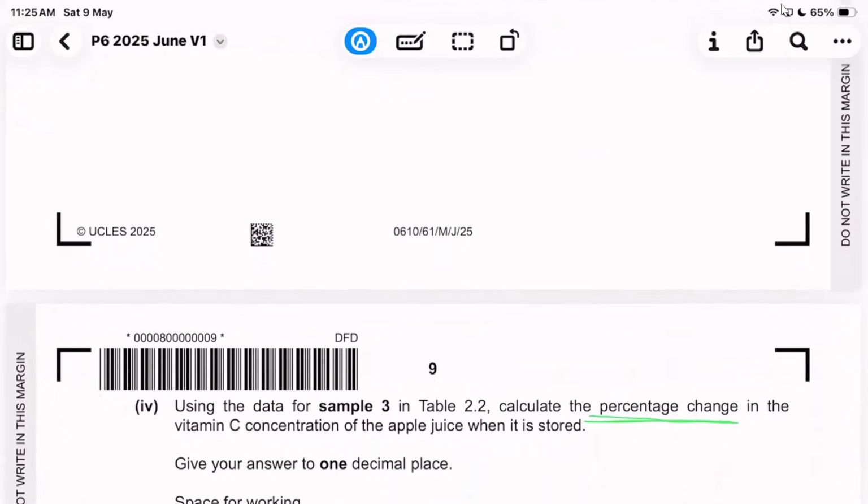Percentage change may be positive or negative. Maybe the change increases, so the final is more than the initial, or maybe it decreases, so it was more and becomes less. So when they say change, we have to put the sign if it is negative, which means that the concentration decreases.